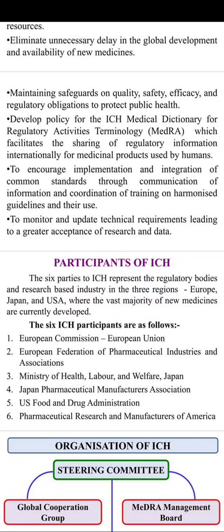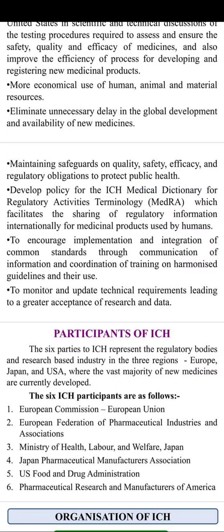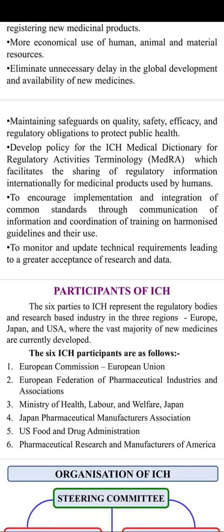Participants of ICH: who is involved in this ICH? Six parties to ICH represent the regulatory bodies and research-based industry in the three regions: Europe, Japan, and USA. These are the three regions where the vast majority of new medicines are currently developed.